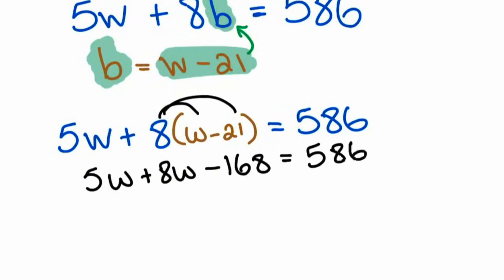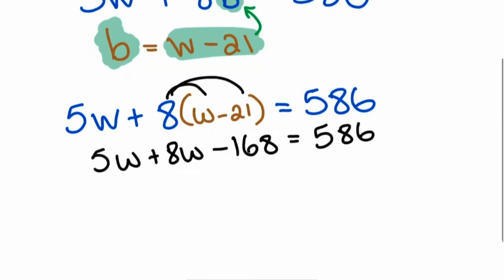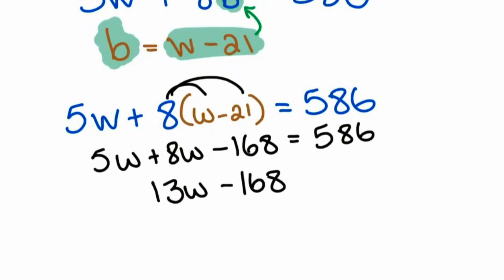Combine like terms, and we get 13W minus 168 equals 586.